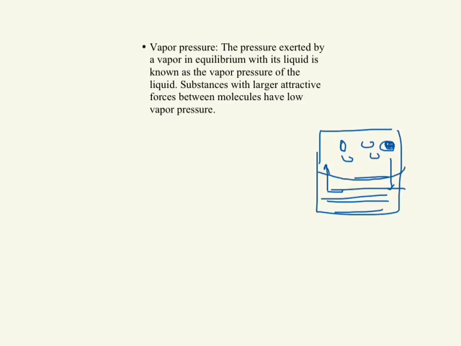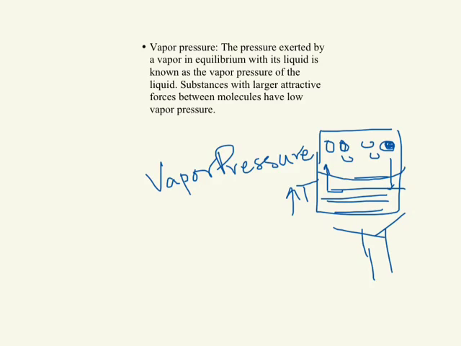So let's talk about these vapors. The vapors are gaseous particles, and what do gases do? They exert pressure. So that means these vapors have vapor pressure, and this vapor pressure increases with the increase of temperature. If you start heating it, you can make more vapors. So the higher the temperature, the higher the vapor pressure.